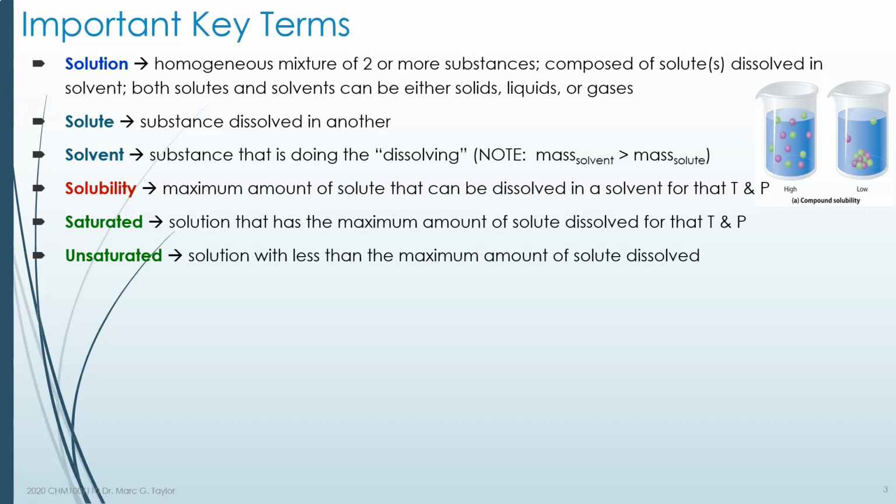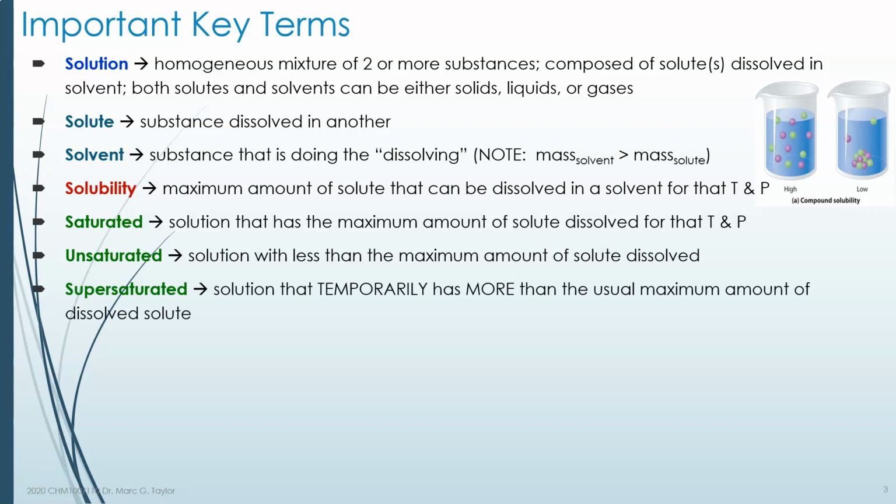But we have a third term, which is a little odd, called supersaturated. And supersaturated is a solution that temporarily has more than the usual maximum amount of dissolved solute. And we'll talk about how those can possibly be formed. It's a little weird to think about more than the maximum, but there is a way to do it.